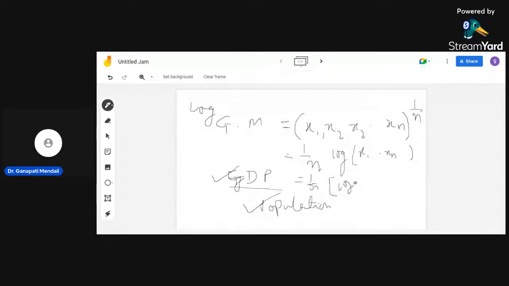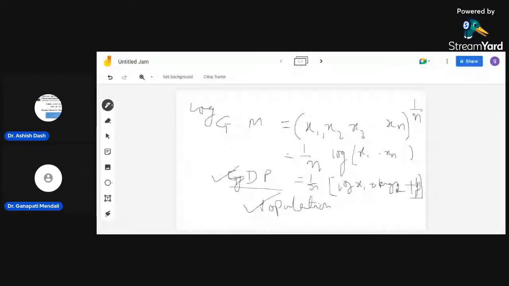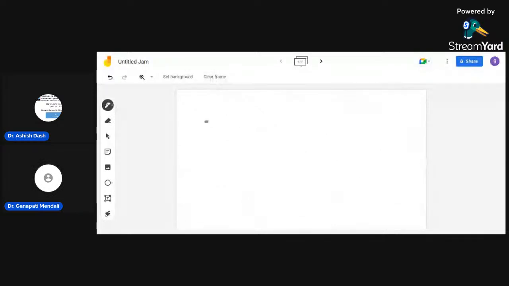So log of the geometric mean is equal to 1 by n, log of x1 plus log of x2 plus log of x3, like that. Consequently, we have log of GM equal to 1 by n, summation from 1 to n, log xi.